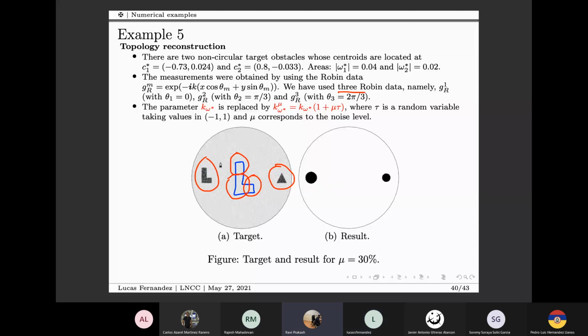Yeah, but Lucas, there is a huge difficulty mathematically here. What Rajesh is saying: in this problem, the hypothesis is that the balls are not intersecting. Theoretically the balls are well separated, and if the balls are well separated, you cannot approximate any shape using balls. Because if you want to use balls to approximate any shape, these balls must cut each other.